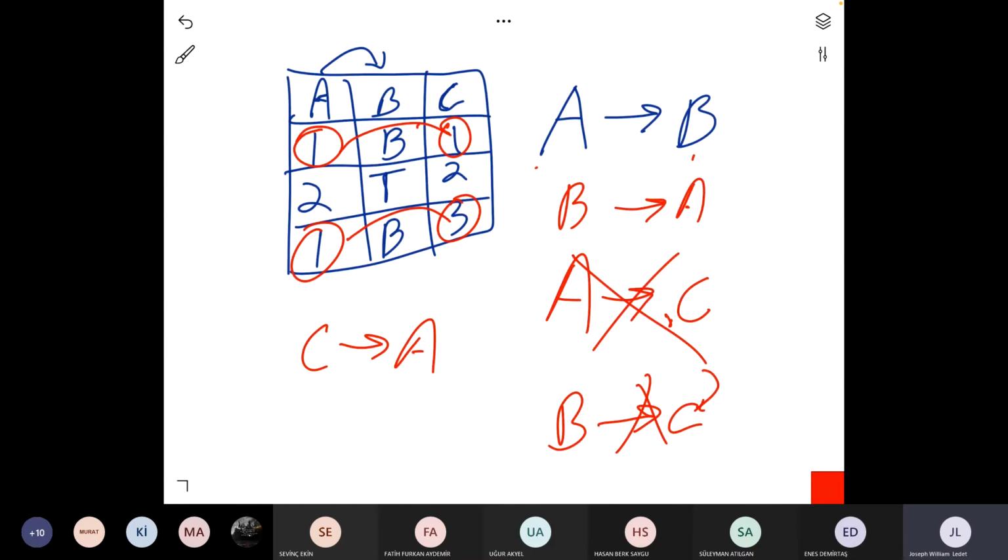What about C determines A? What do you think about that? Or C determines B for that matter? It is possible.